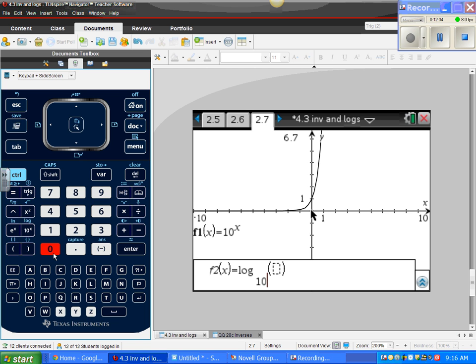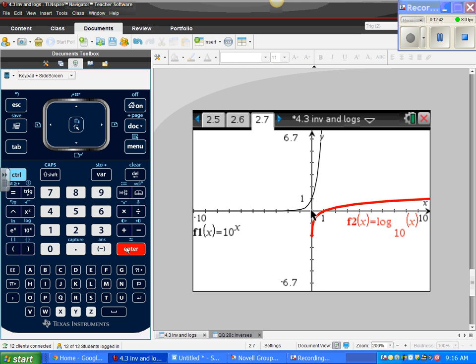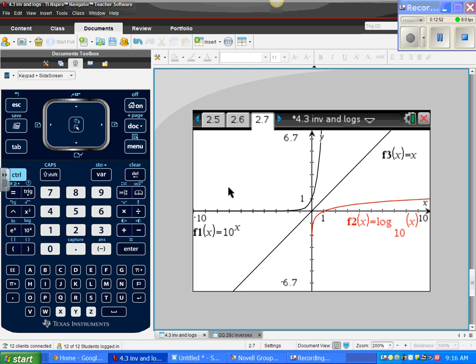And I'm going to put in the 10 just because I know what it is. And for the base, I think if you leave it blank, it'll also assume that it's 10. And hit enter. What does it look like? Does it look like a reflection over the line y equals x? Sure does.